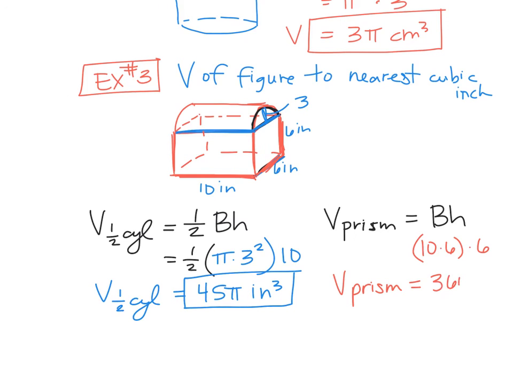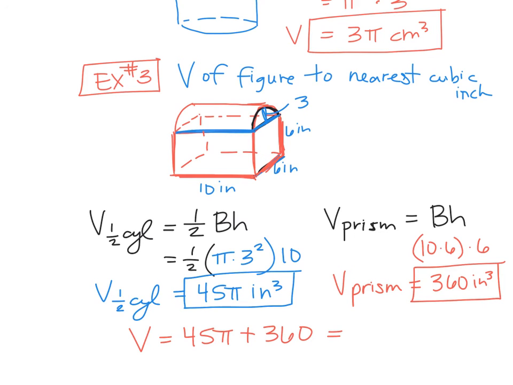So 10 times 6 times 6, which makes the volume of the prism 360 cubic inches. Okay, we want the volume of the whole thing to the nearest cubic inch. So now you're going to plug pi in. Basically what you're going to do is 45 pi plus 360.